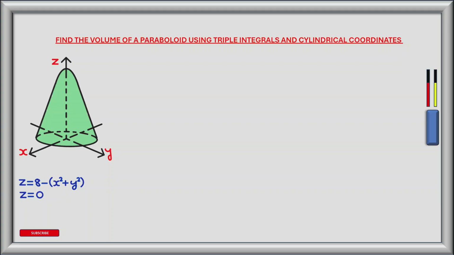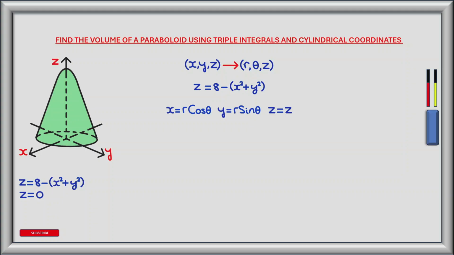The first step in the process of finding the volume is to convert the Cartesian equation of the paraboloid into cylindrical coordinates. So we need to convert x, y and z to r, theta and z in our Cartesian equation where z equals 8 minus (x squared plus y squared). To do this, we're going to substitute r cos theta for x, r sin theta for y, and z will remain the same, so z will equal z.